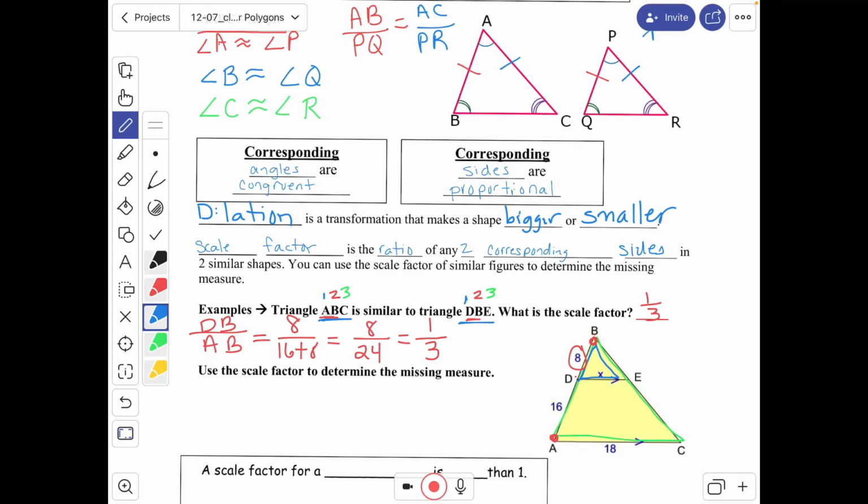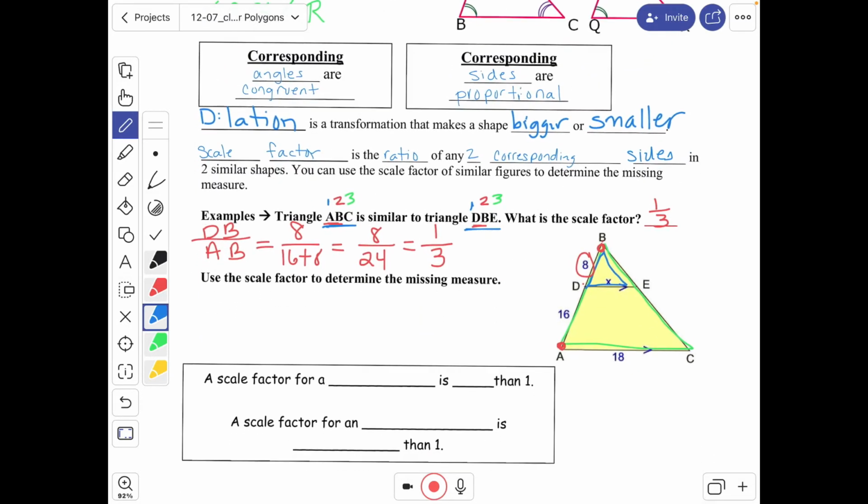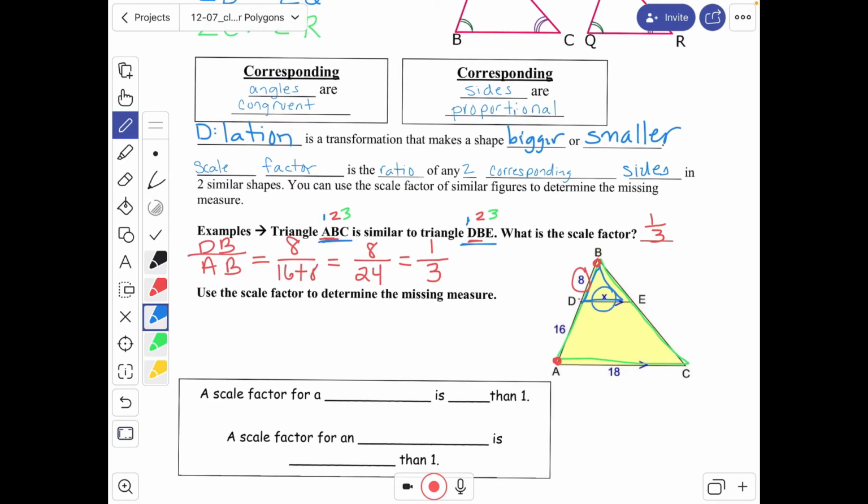So let's use that scale factor to determine the missing measurement. There's my X right there. I want to figure out what the X is equal to, so I need to find the corresponding side. DE corresponds to AC. So X is going to equal 18 times 1/3.